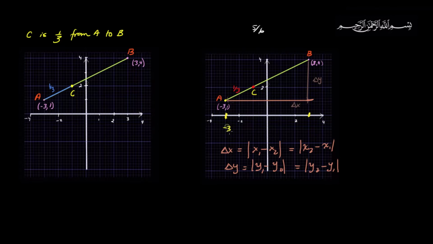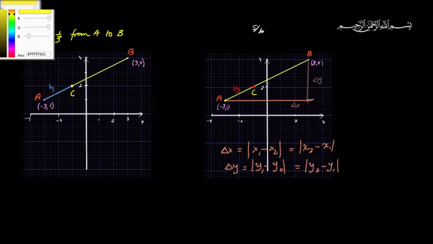So this is from -3 to 3. That's the change in the x direction. And the change in y direction simply means the difference in the y values from here to here. So this distance can be characterized in its x direction and in its y direction.